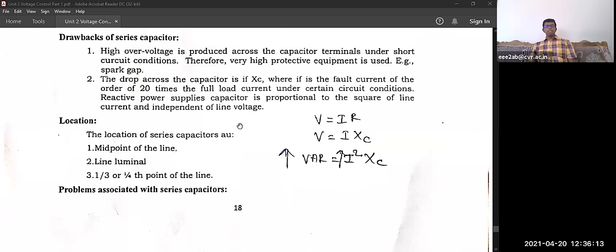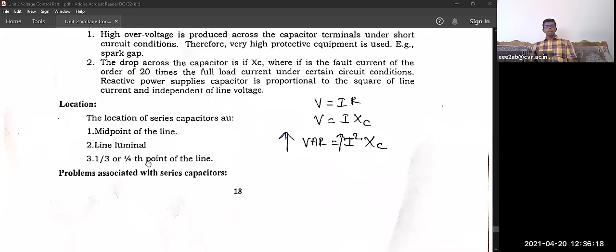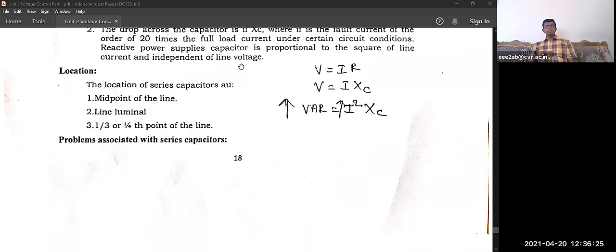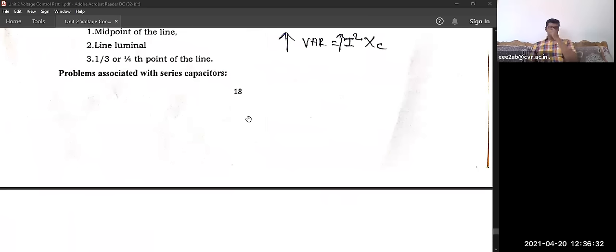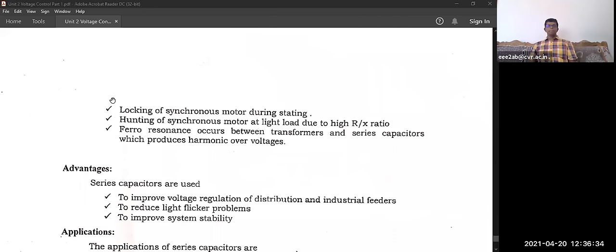So what are the locations? It is located at the midpoint of the line, or 1/3 or 1/4 of the point of the line. This is the location where you can locate the series capacitor. Next, coming to the problems associated with this series capacitor: locking of synchronous motor during starting, then hunting of synchronous motor at a high load due to the R/X ratio.